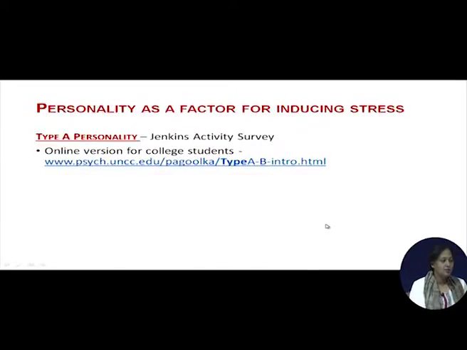That brings us to the other personality scale. In this case, we are talking about identifying whether personality as a factor is inducing stress. We have spoken about the other personality scales when we were talking of anxiety and the different traits.